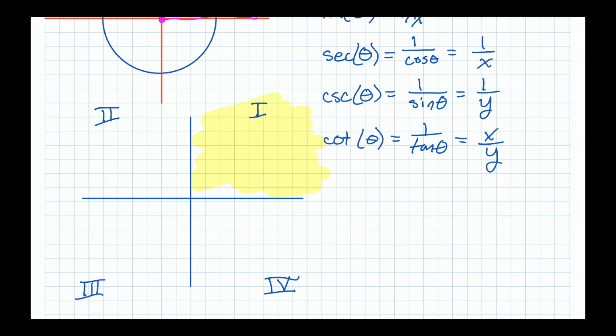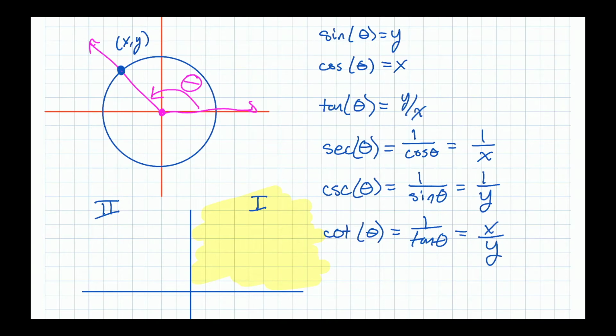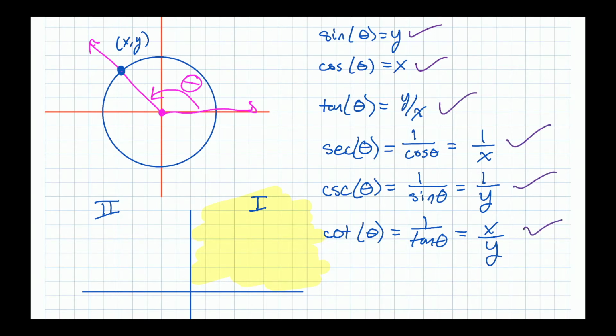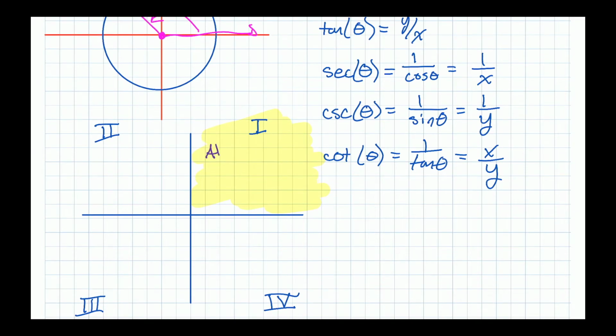And if they're both positive, then every trig function is going to be positive, right? Because if the y is positive and the x is positive, those two are positive, and so is that, and so is that, and so is that, and so is that. They're all positive. So in quadrant 1, all trig functions are positive.